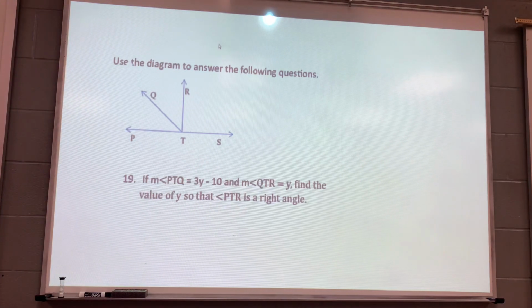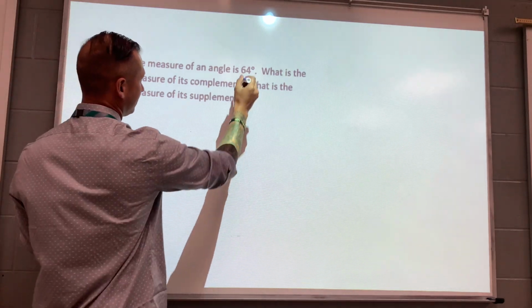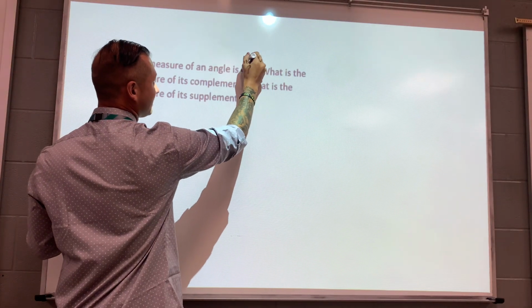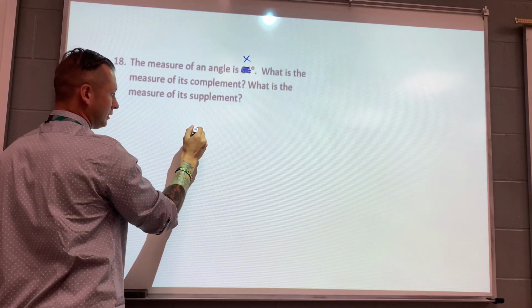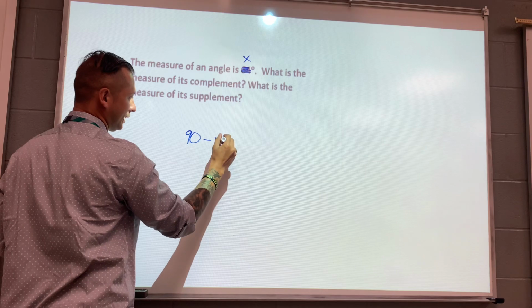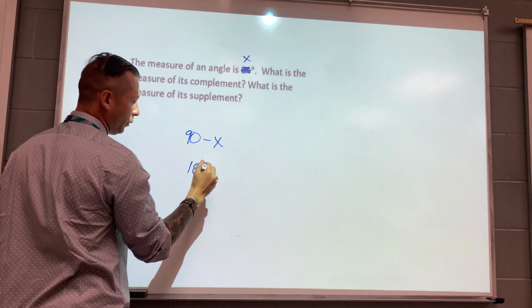Let's go back real quick. So, if this had been something else, say x, then the complement of x is 90 minus x. The supplement would have been 180 minus x.